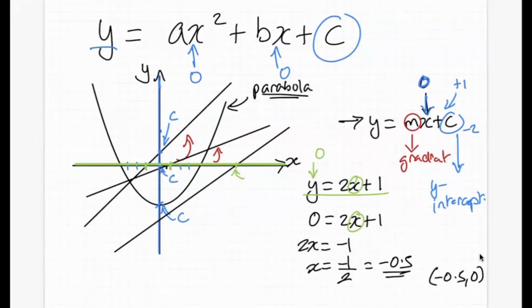So this graph will actually be something like this one. Y equals 2x plus 1. So we've solved for x over here, and we know that, let's say this is -0.5, then that is the x-intercept.